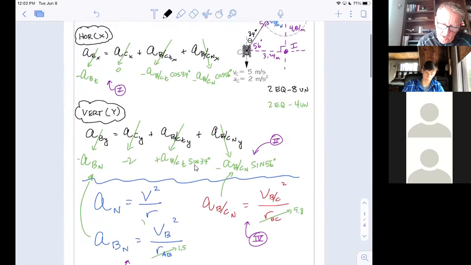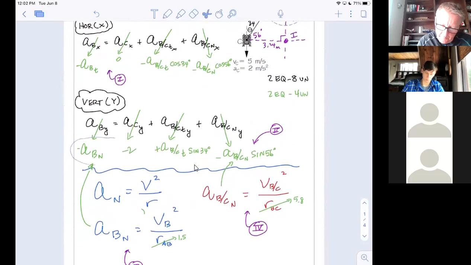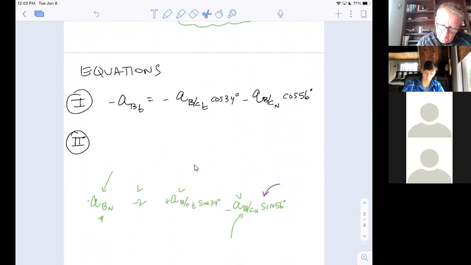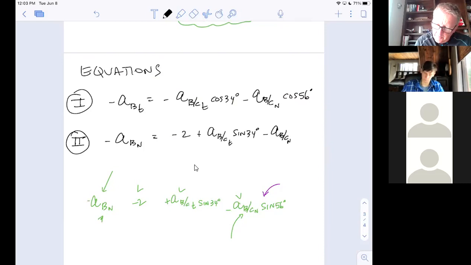So if I steal the y equation: negative acceleration of B normal is equal to -2 plus acceleration of B with respect to C tangential modified by the sine of 34 minus acceleration of B with respect to C normal times the sine of 56.